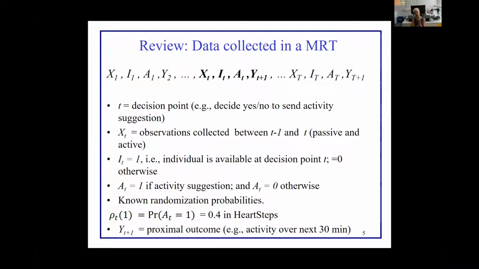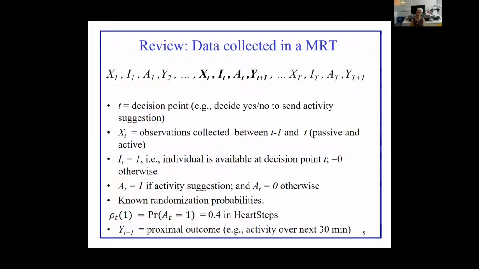Then I_t, that's an indicator variable of 1 or 0, and it's whether or not that participant, that individual, is available for treatment intervention at that decision point. So in HeartSteps, what we discussed before was, for example, if the person was currently detected to be walking, then they would not be considered available for treatment.